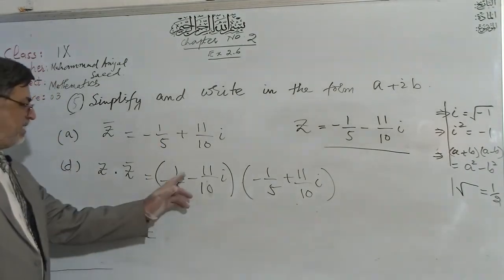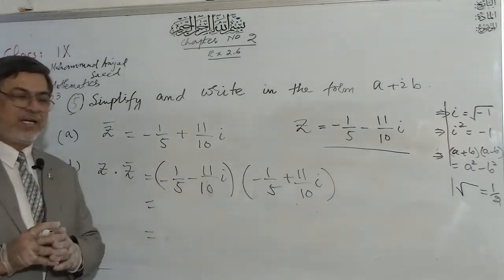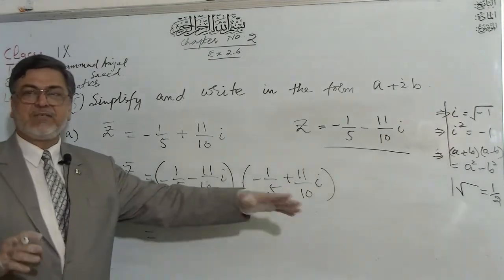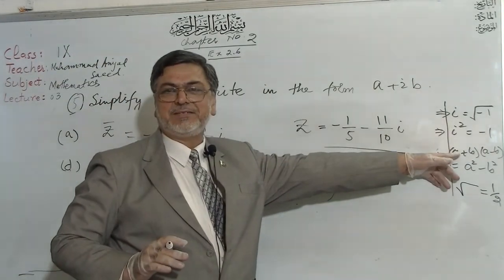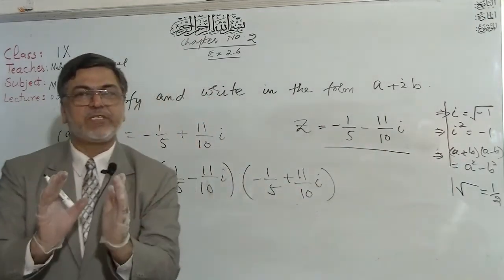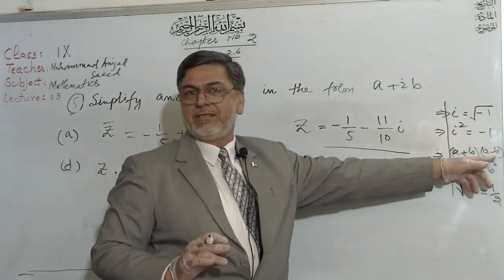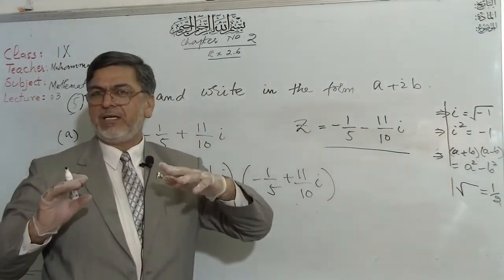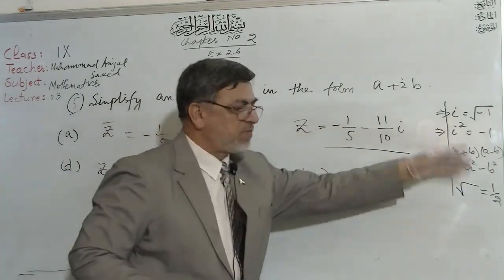Here is minus 1 over 5 minus 11 over 10 iota and minus 1 over 5 plus 11 over 10 iota. Look at this formula again. Same formula. We have same terms but different signs. To remember this formula, we have same terms but different signs. You will apply this formula.